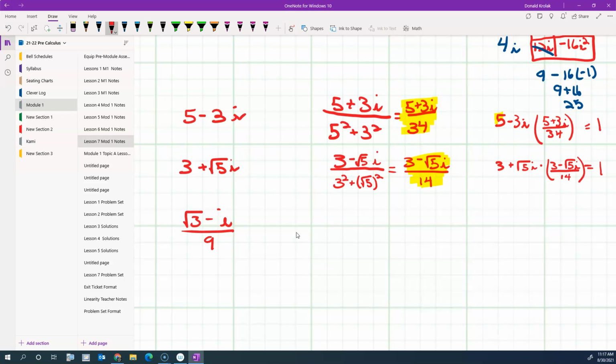Now that's a fraction. Okay. Yeah, did somebody say split it? Yep. This would be the same as, so if I split this, I'd have root 3 over 9, I can't do anything with that, minus 1 over 9 i. Those are the same.